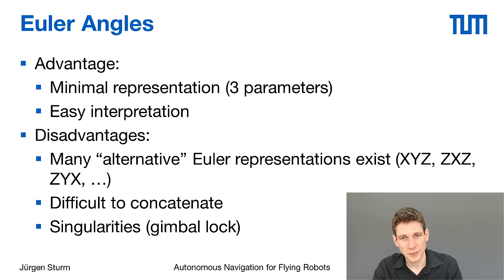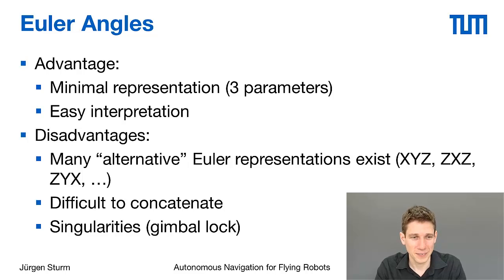The disadvantage is that there are many different Euler representations, and there is typically confusion when somebody sends you Euler angles, because you never know whether they used the XYZ convention or the other way around, ZYX, and so on. I think there are like 24 different ways of interpreting Euler angles, and that makes it sometimes hard to communicate them in the right way.